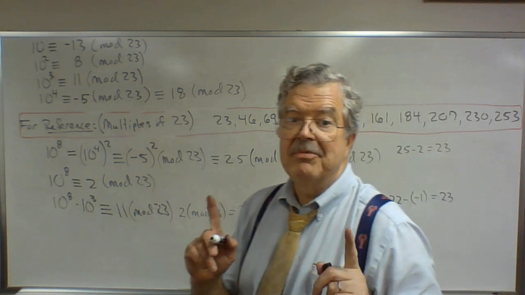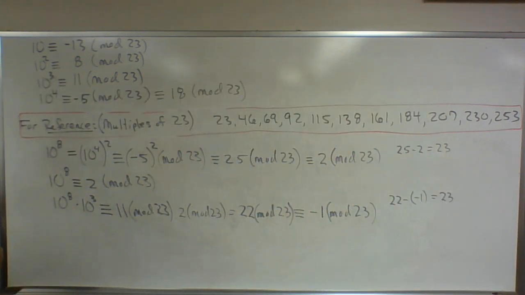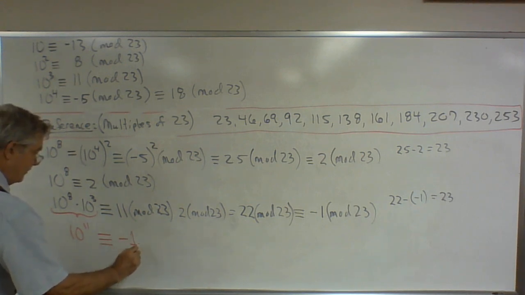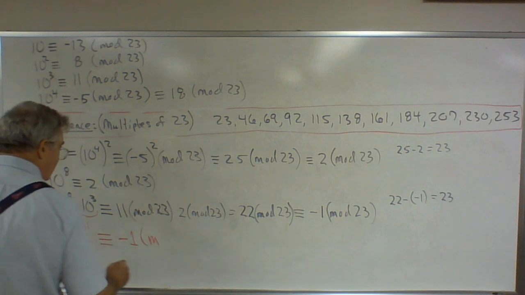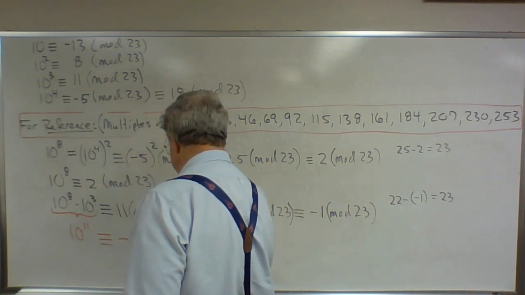We found out something really important. What is 10 to the 8th times 10 cubed? It's 10 to the 11th, right? 10 to the 11th is congruent to negative 1 mod 23.